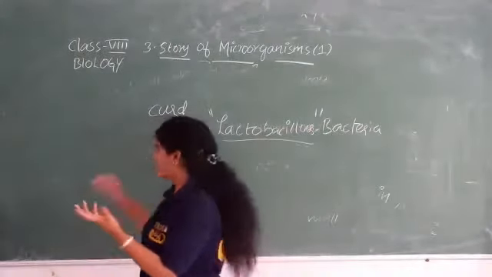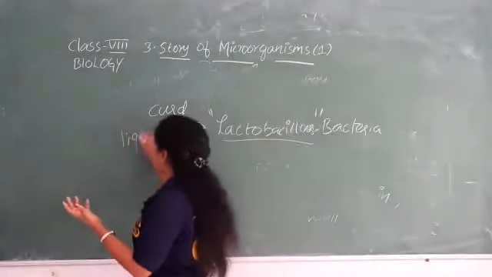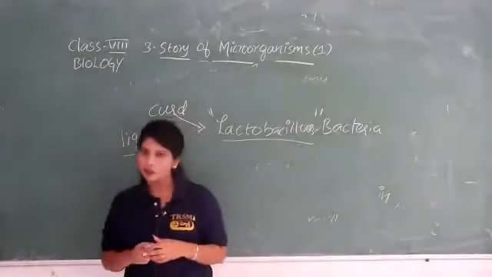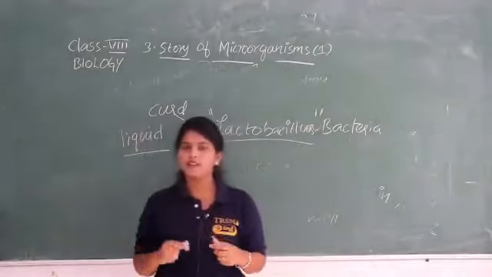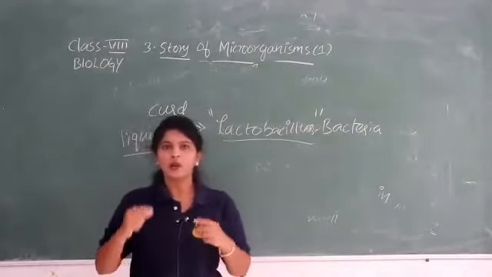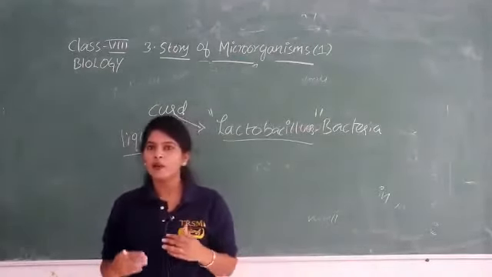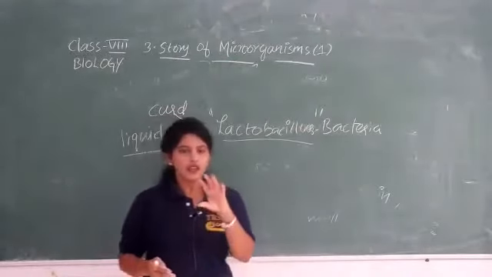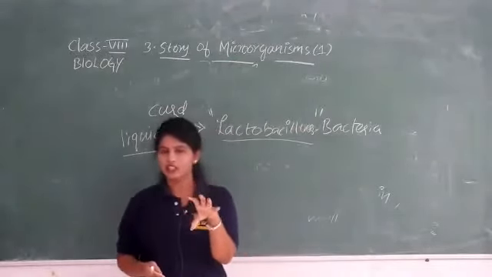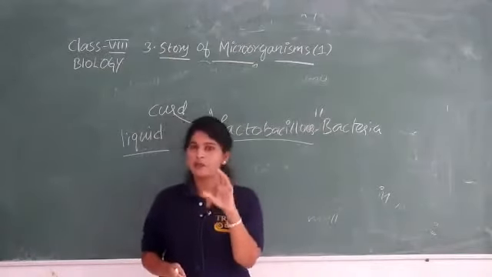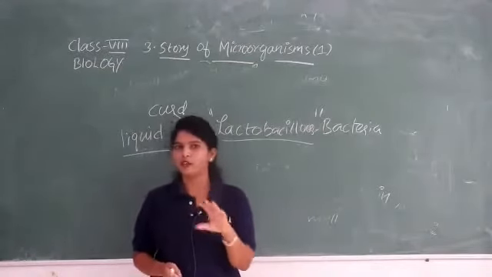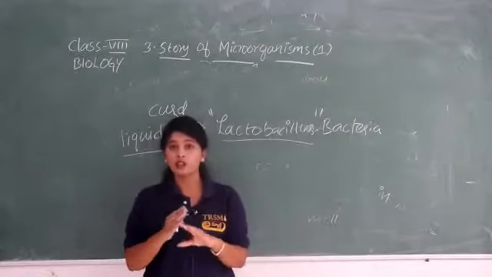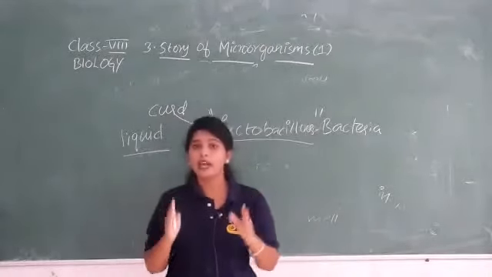Initially the milk is in the liquid condition, and the milk contains microorganisms. First of all, why after extracting the milk from the cow do we boil it? To kill the microorganisms at 30 degrees centigrade. At that heat, some harmful microorganisms are killed, but the milk does not lose its useful bacteria.